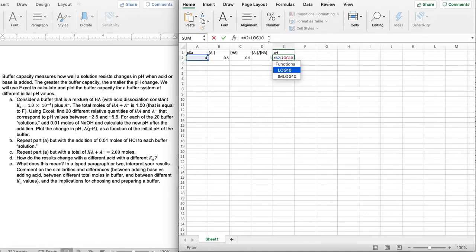We want log 10, so I'm just going to put log 10, and then the number would be right there, and the pH is 4, right? Which is what we expect, because equal amounts means pH is equal to pKa. Let's do this for one problem and then we'll continue.